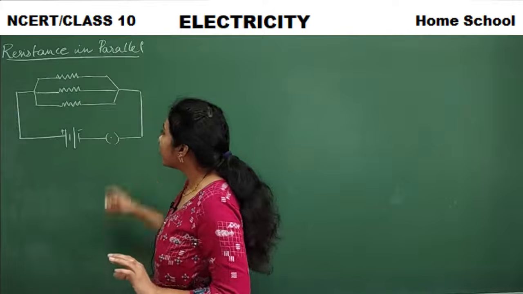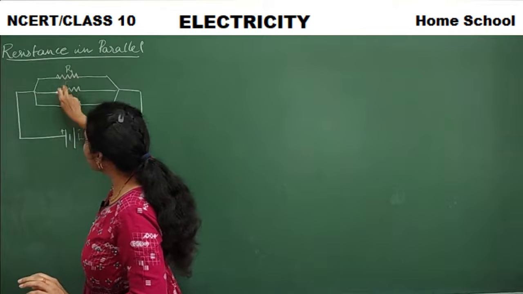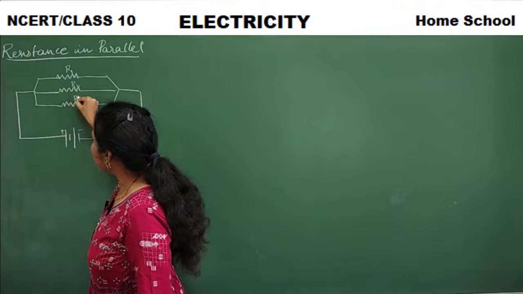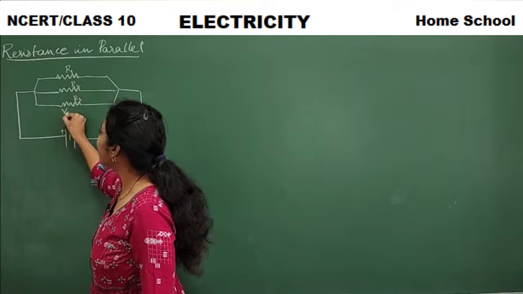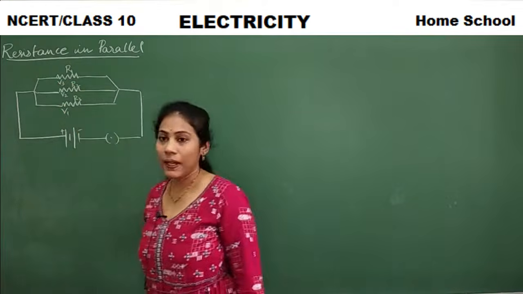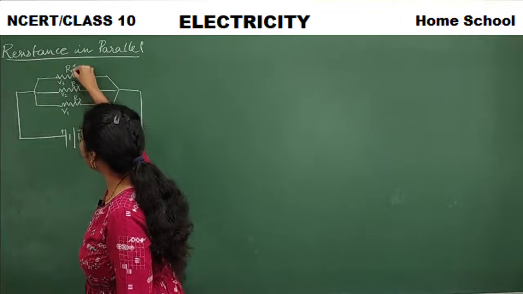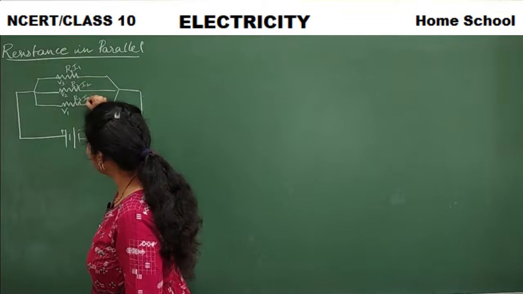Now I consider the resistance of this resistor as R1, this is R2, and this is R3. Clear? And voltage, let it be V1, V2, V3. And coming to the current, here let the current be I1, I2 and I3.